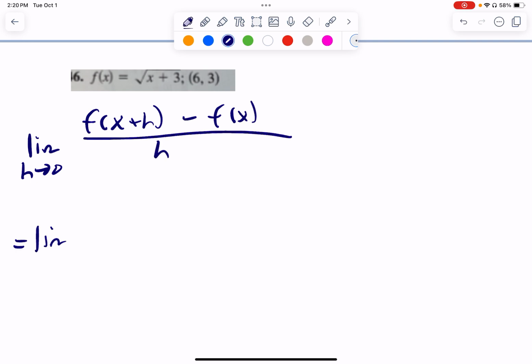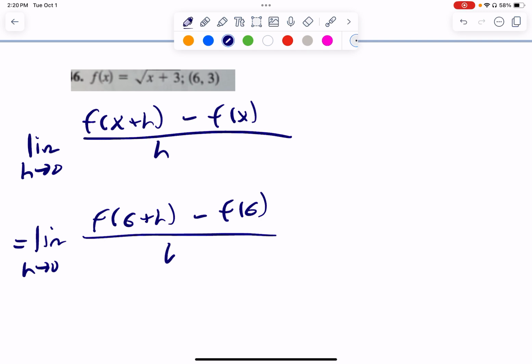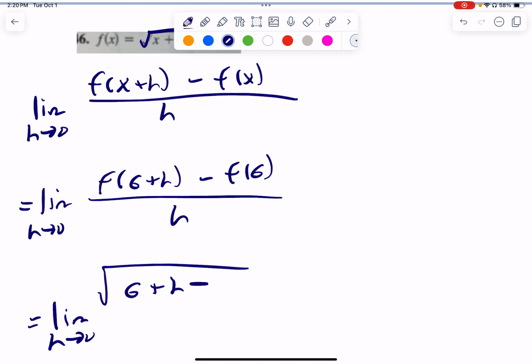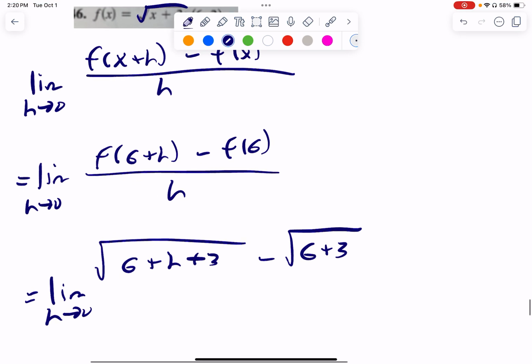X is equal to 6. And the function here is basically square root of input plus 3. So square root of input plus 3 minus square root of input plus 3.